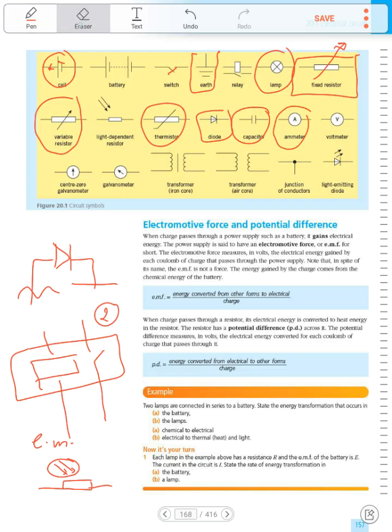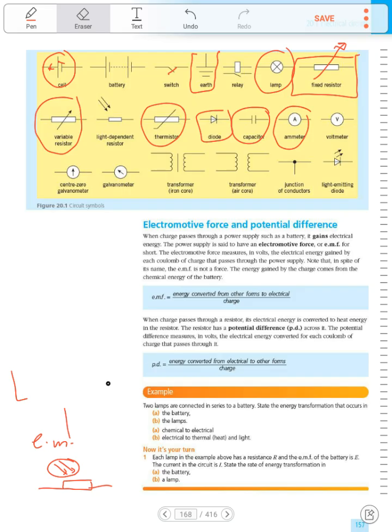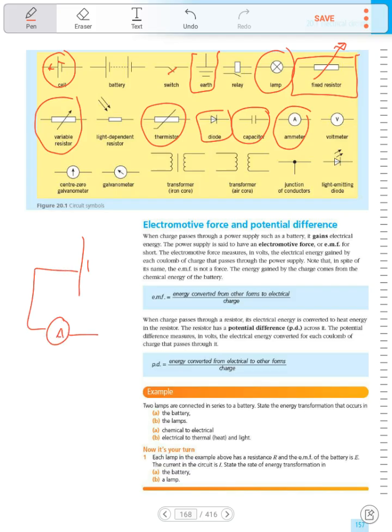Ammeter, which is connected in series with the circuit to measure the current. We have many types of ammeters. One of these is digital and the other is electronic. Here the ammeter is connected in series, and this is the lamp, so you can find the amount of current.